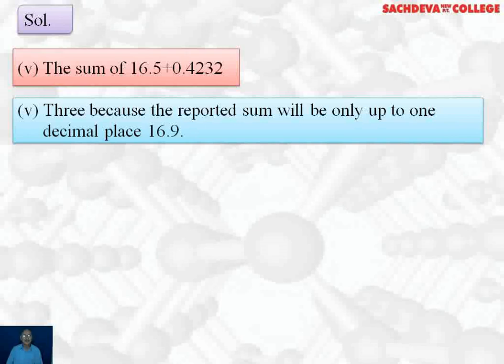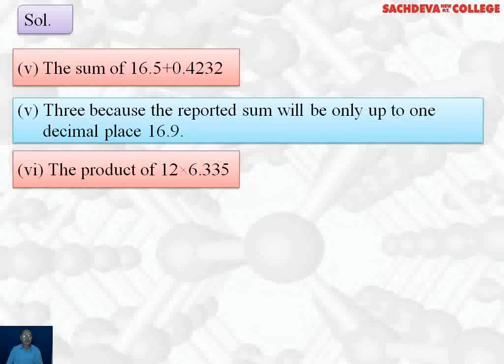Why have we expressed it up to three significant figures? Because the lowest number of significant figures in the given numbers is 3. So here 3 significant figures, because the reported sum will only be up to one decimal place having 3 significant figures.